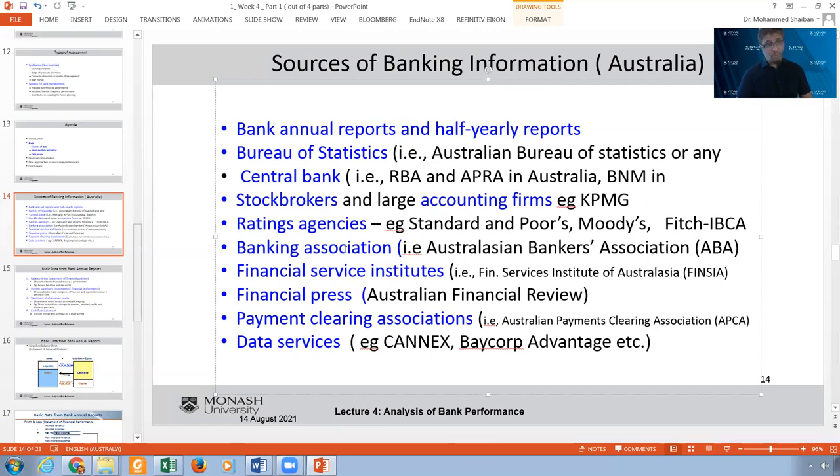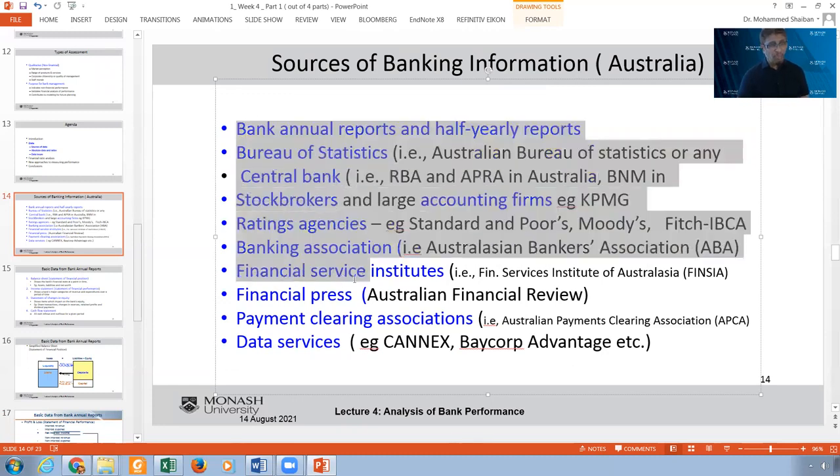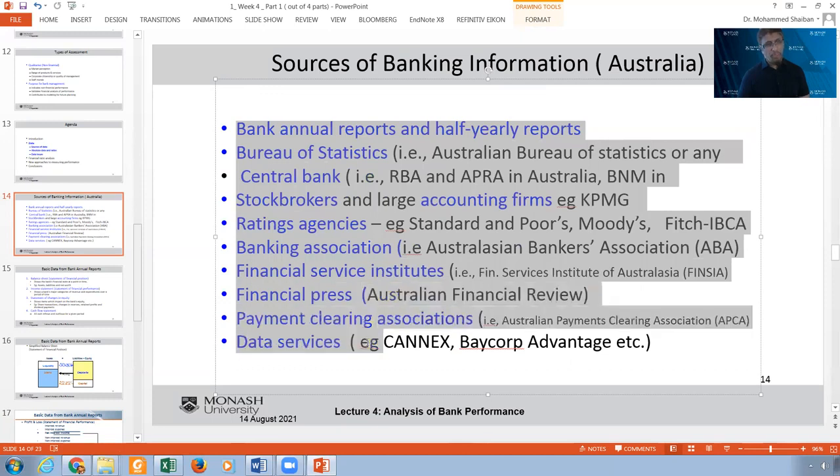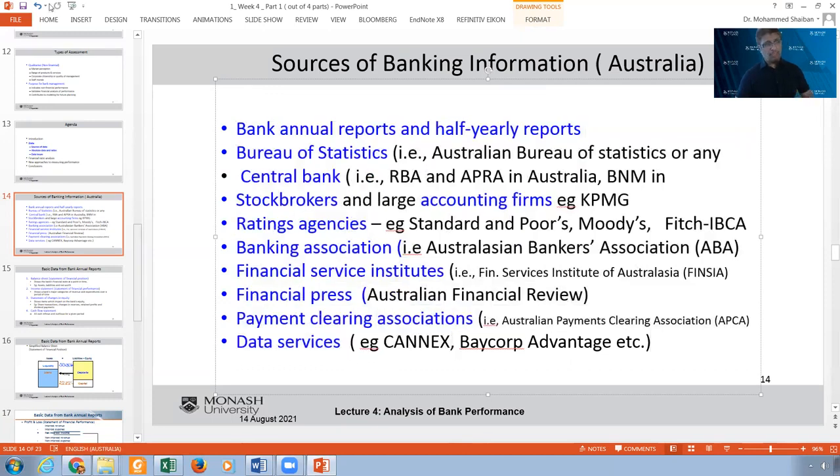Financial service institutes, and the financial press is one of the most important because it always provides information. Payments clearing associations and data services also provide information about banks. So you can get your information from all those sources. Some of them you can buy, like the data services.